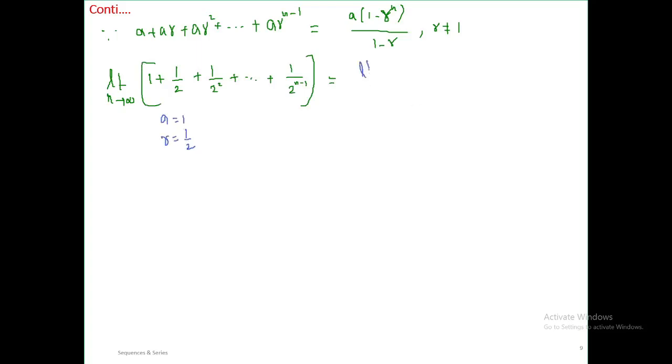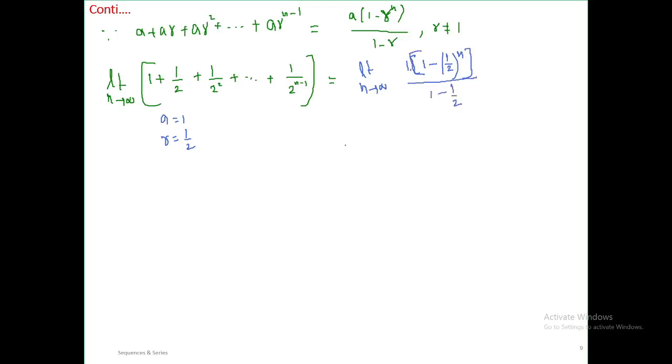A means 1 into 1 minus r^n, where the common ratio is 1 by 2, so 1 by 2 whole to the power of n, because r power n. This is the numerator, 1 into that, divided by 1 minus r, 1 minus 1 by 2.